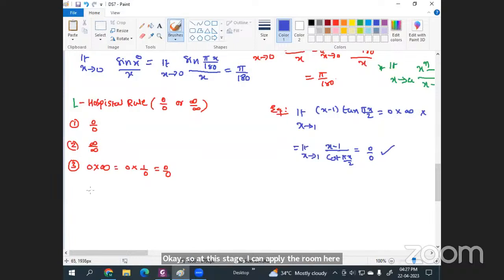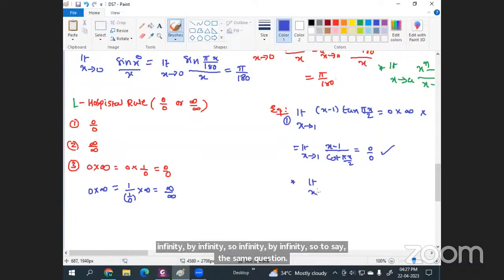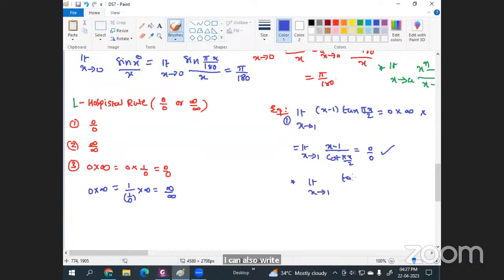Okay. Now in the same way 0 into infinity can also be written as 1 by 0, whichever is convenient for us. Infinity, so infinity by infinity. So the same question I can also write as limit x tends to 1, tan(pi x by 2) whole divided by 1 by (x minus 1), whichever is convenient to you.